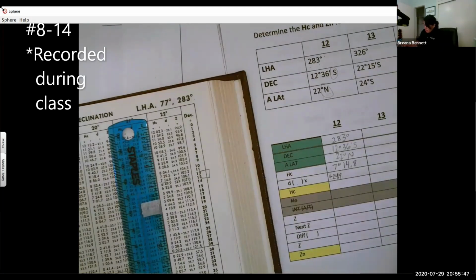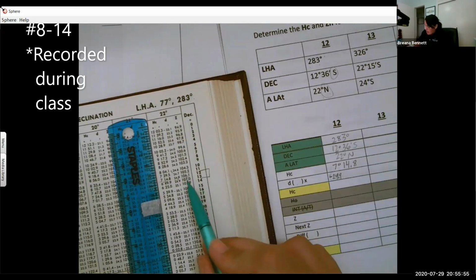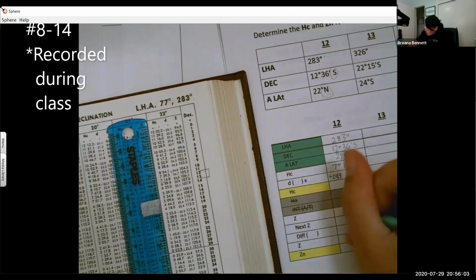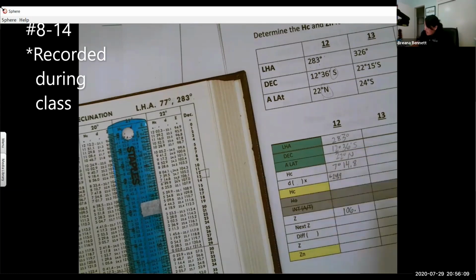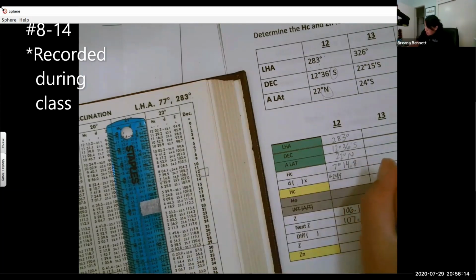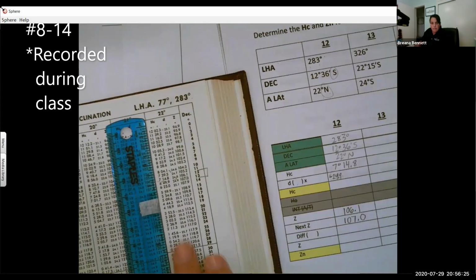And then, while I still have my 229 open, I am going to write in my Z and Zn. So I had at 12, my Z was 106.1, and then my next Z, so the 13, was 107.0. And that's what I have for what I read from my 229 here.